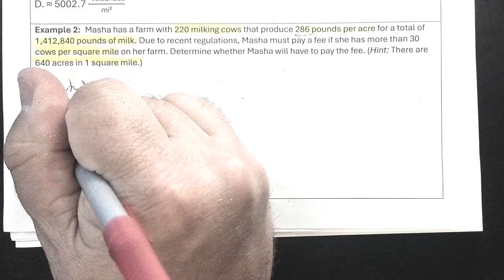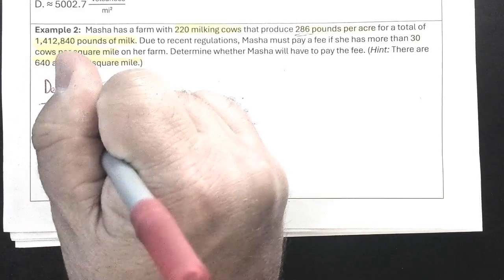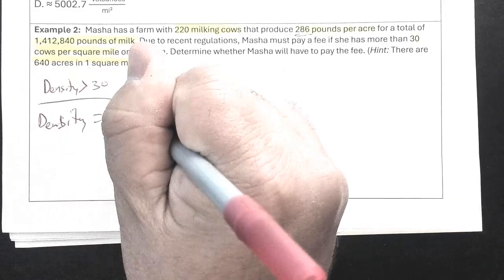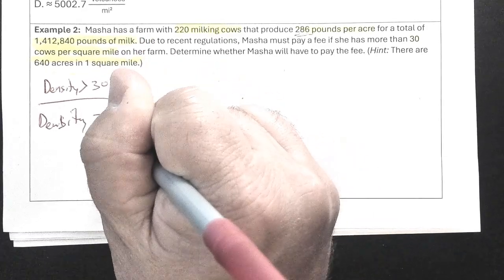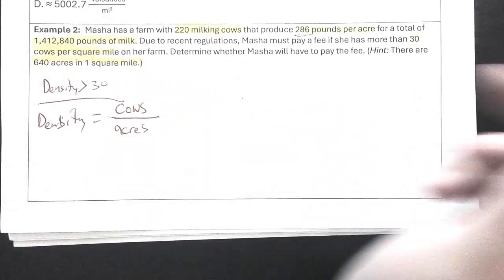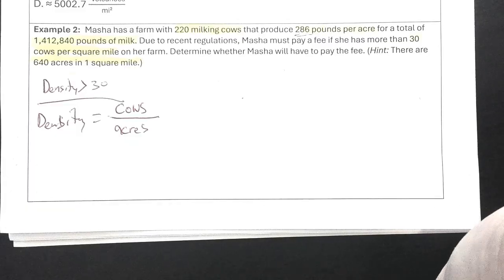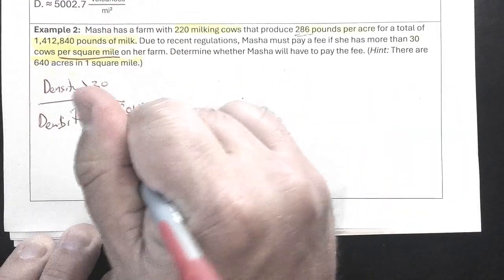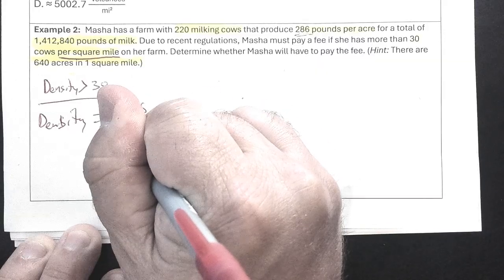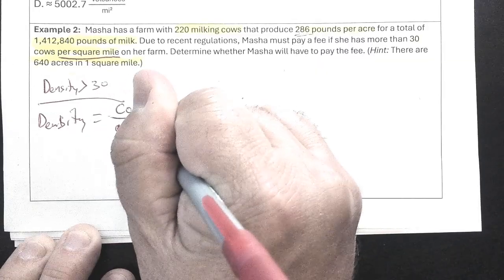And the density is cows over acres. Wait, wrong. Square mile. So we'll just do miles squared.